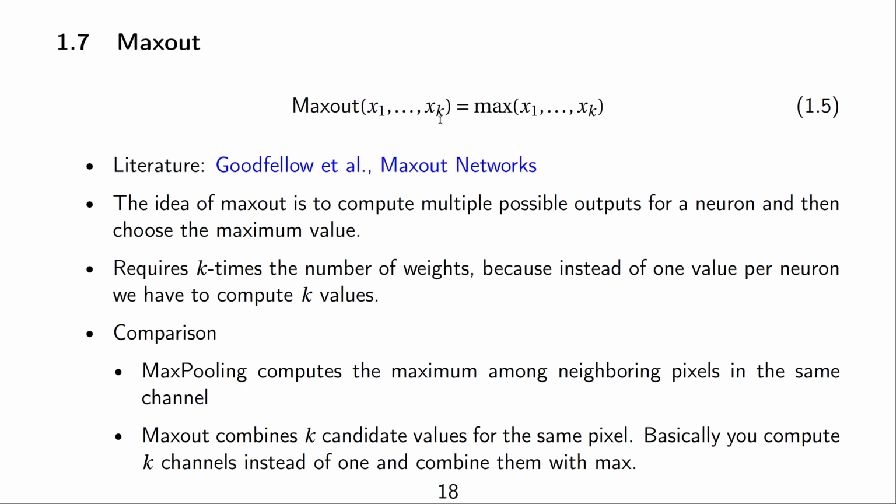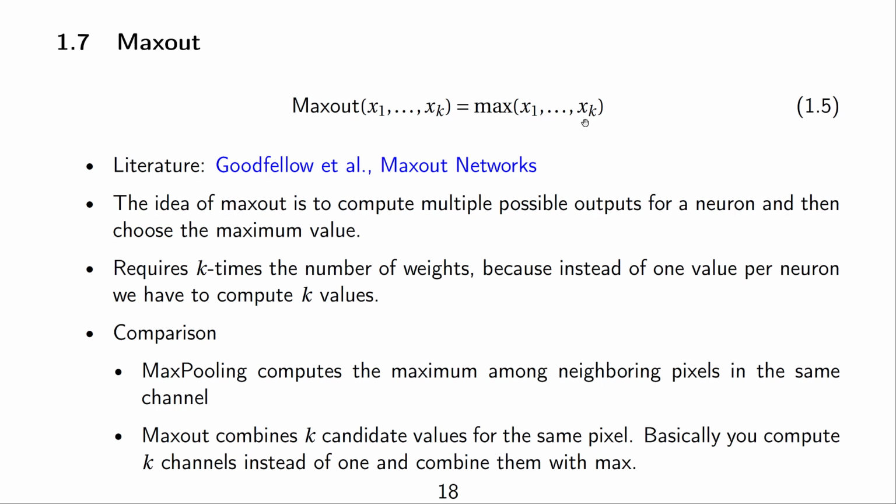And then this Maxout activation function would take the maximum over these multiple possible values. Now, thinking of the neural network processing tensors, one could somehow think of this as you take multiple channels and then you compute the pixel-wise maximum.